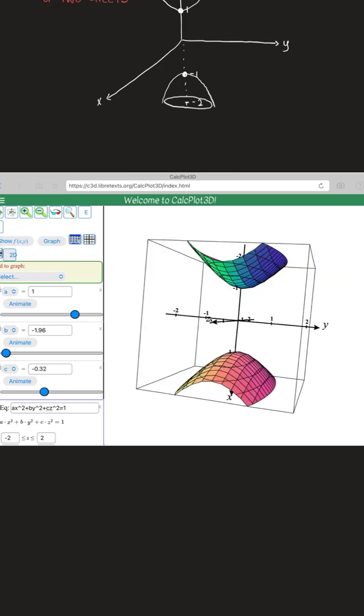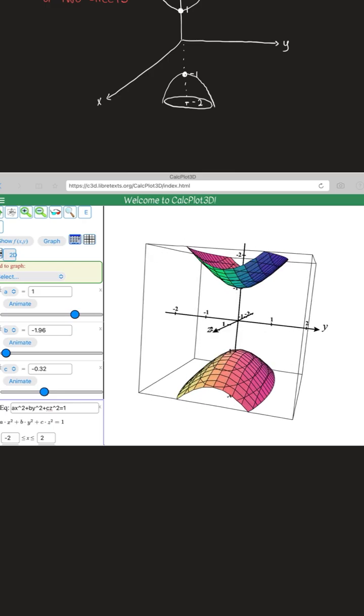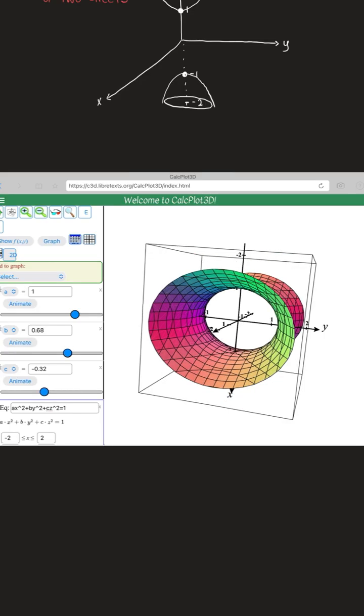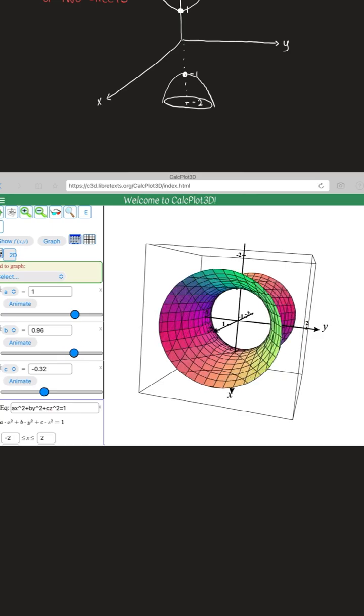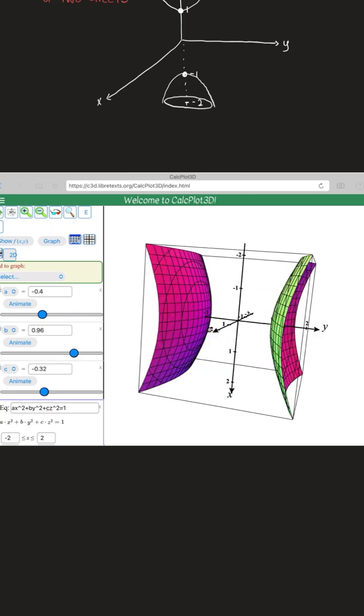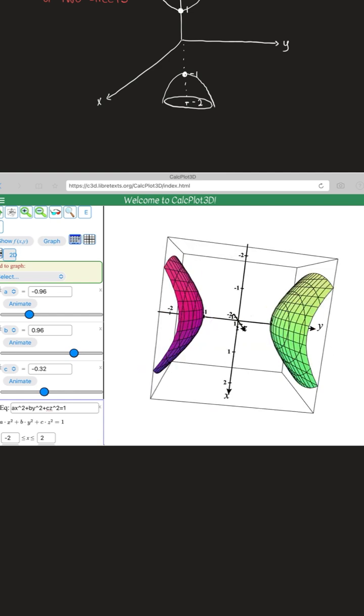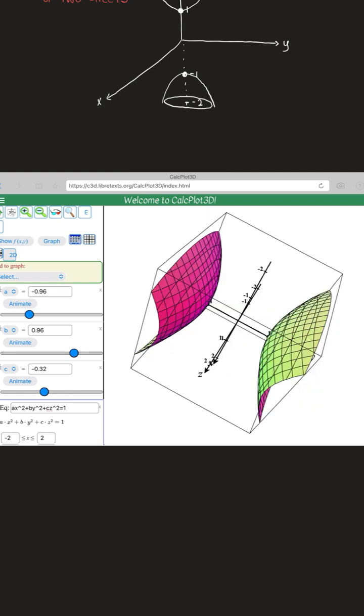And in this case, I had let the parameter in front of y be negative. If I change that so that I keep the parameter in front of y positive, but let a be negative, then we get a hyperboloid of two sheets that runs along the axis of the positive parameter.